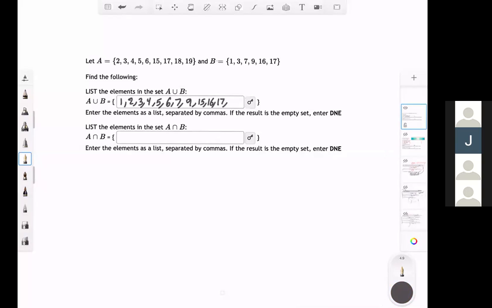Did you say 217? No, it's only 117. Okay, we don't repeat this. What was the intersection? Let's see. Would that be 3? 3, 17. 3 and 17.